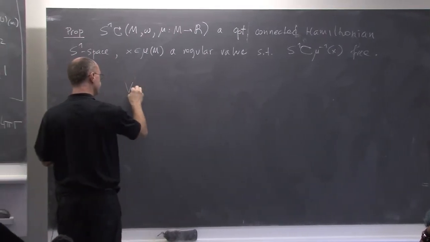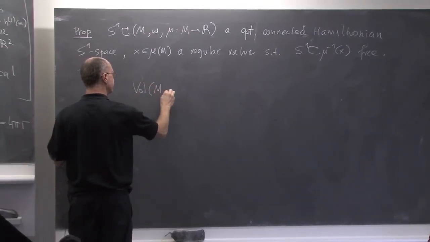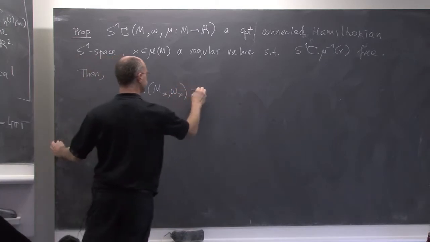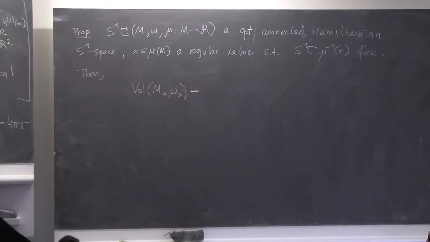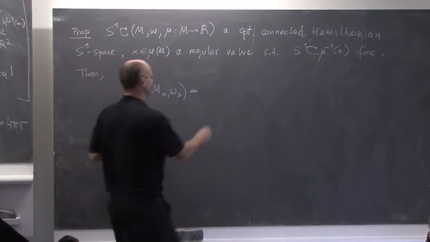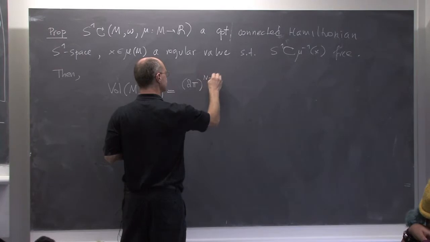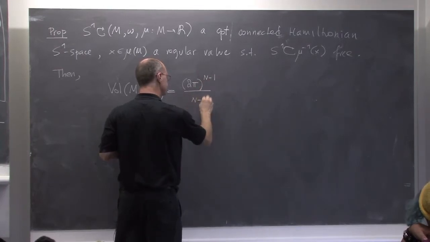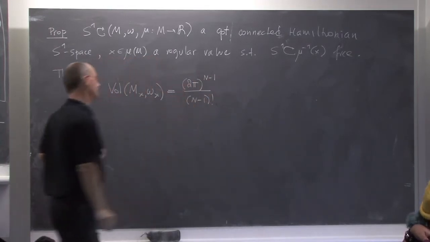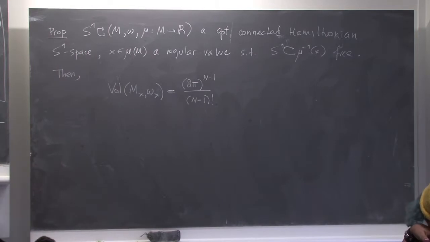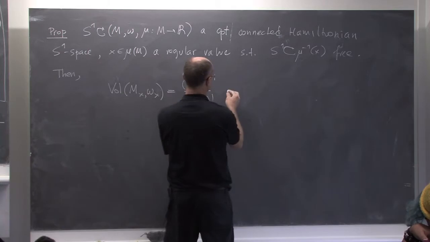So then there is an interesting formula for the volume of M_x. A small combinatorial factor, 2 pi to the power n minus 1 over n minus 1 factorial.